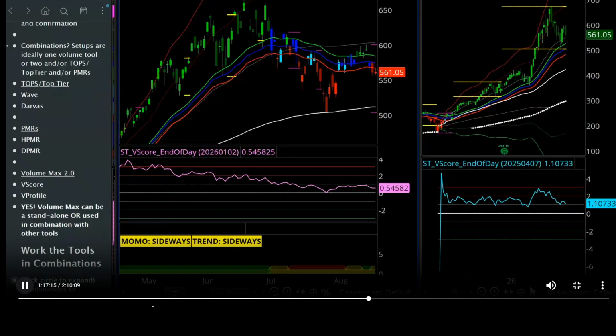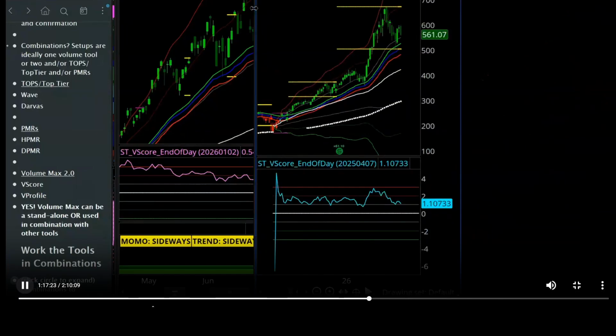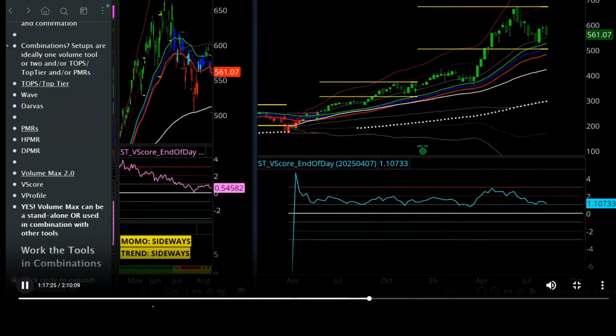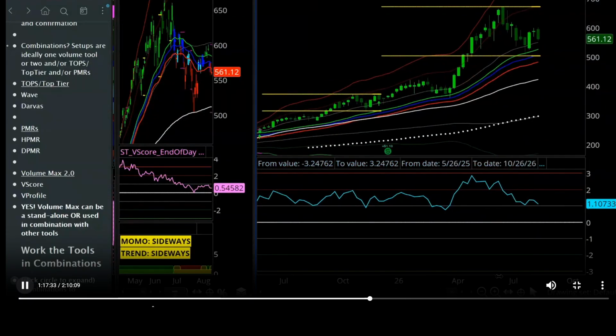So let's say instead of the daily, you ask yourself, Rog, if this is a hedge fund that's essentially blowing up, which is what it was, and this could be a lot of shares either changing hands or being sold off. There we go. What would be a good time frame to look at?